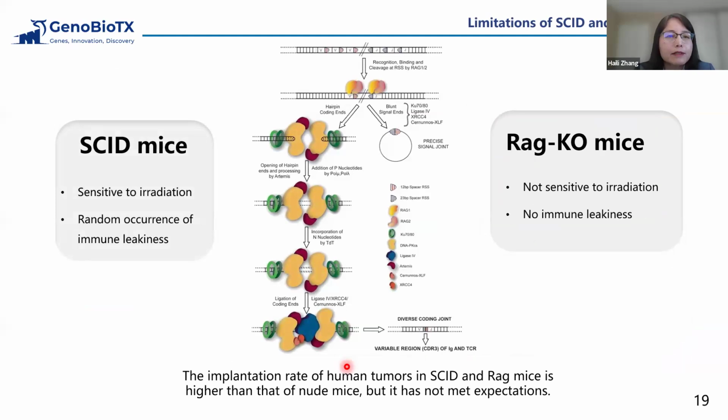We have talked about SCID mice and RAG knockout mice. The research shows that the transplantation rate of human tumors in both of these mice is significantly higher than nude mice, but it hasn't met expectations.